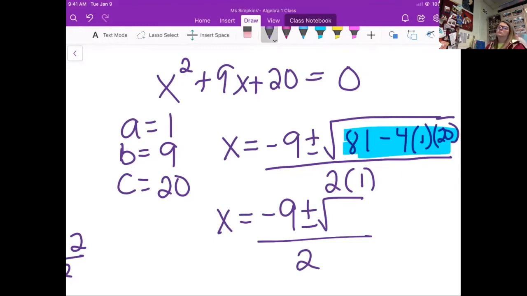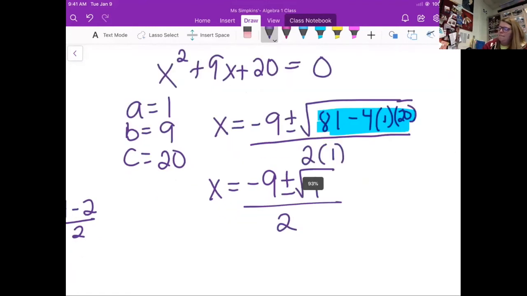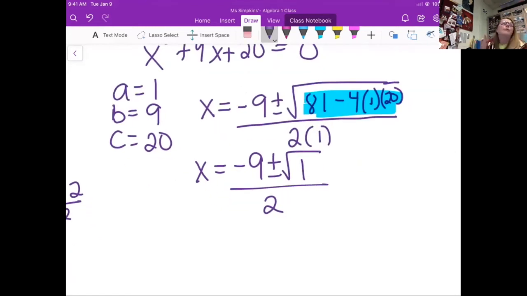Okay, so you should have gotten 81 minus 80, which is 1. How did I get 80? 4 times 1 times 20 is 80. What is the square root of 1? 1.